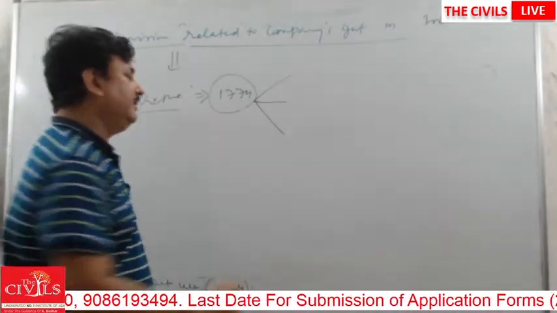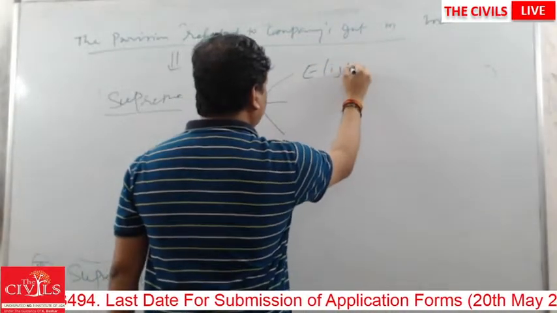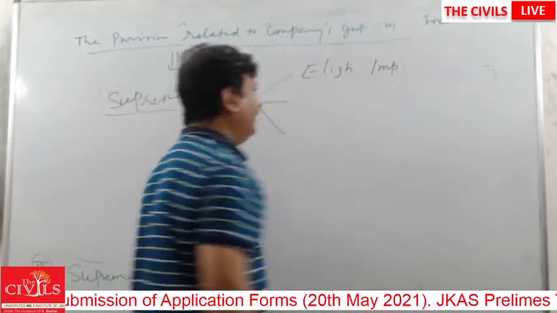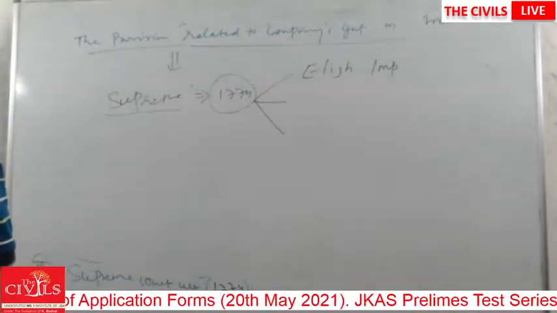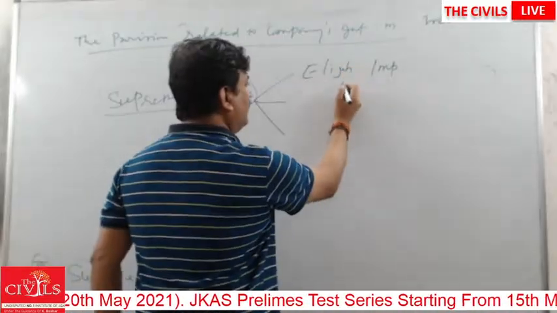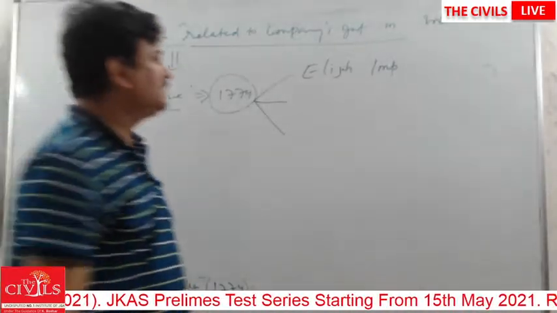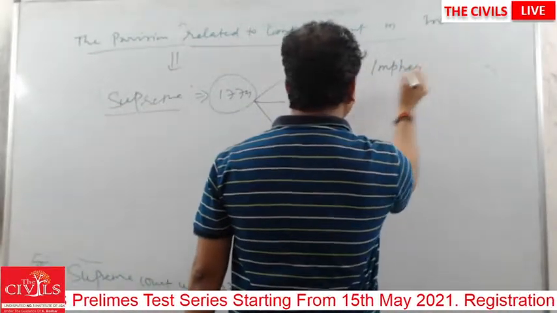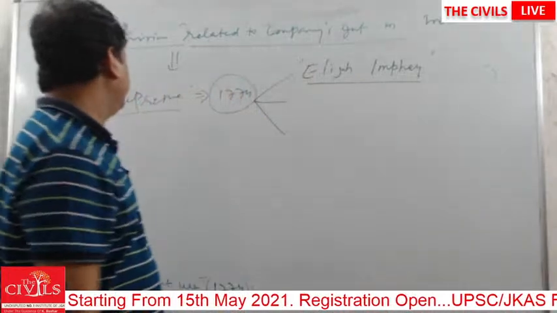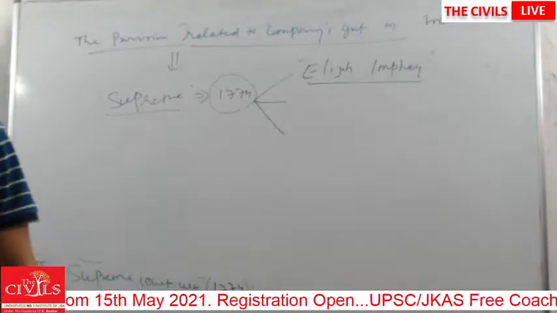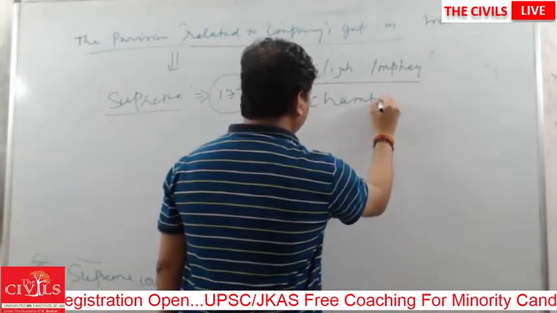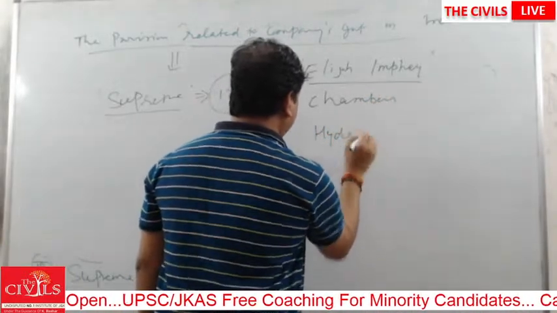Elijah Impey was the Chief Justice of the Supreme Court, and the other two were Chambers and Hyde.